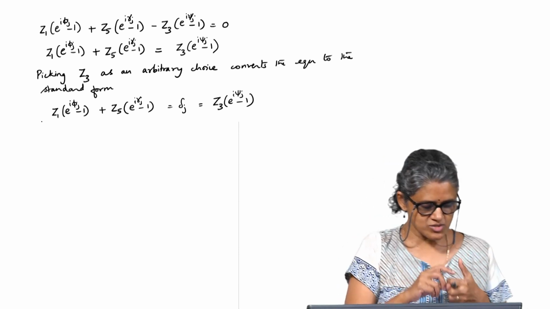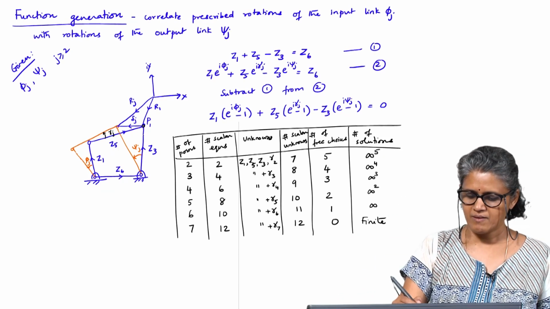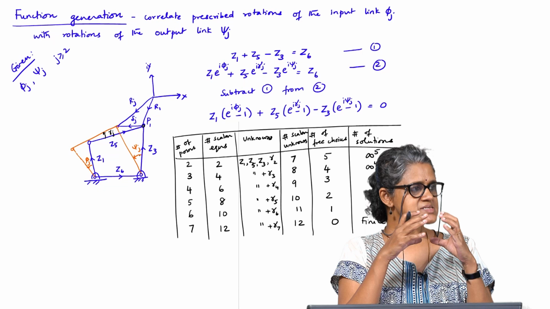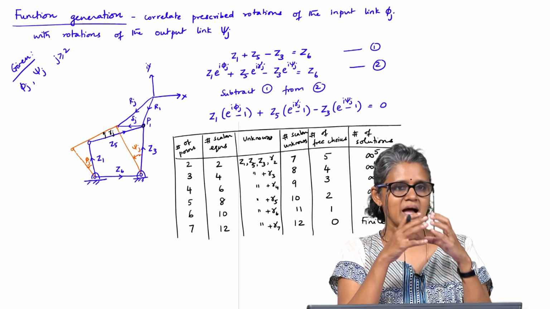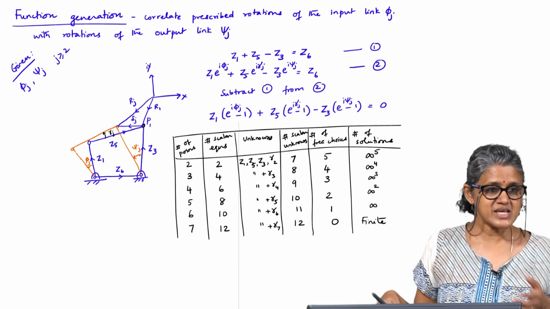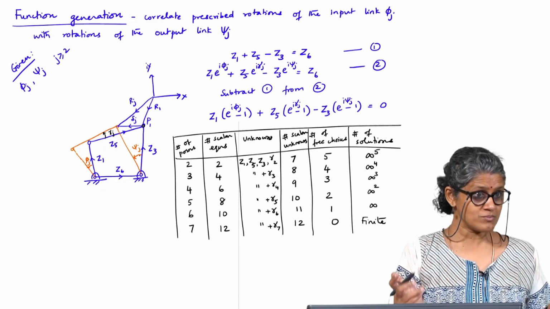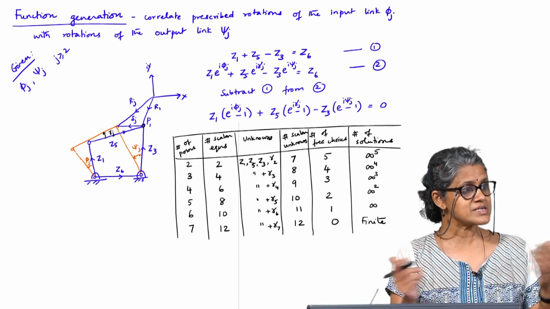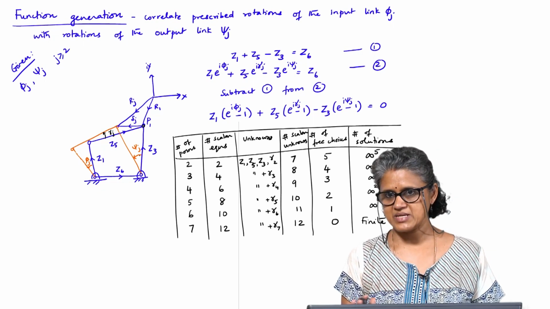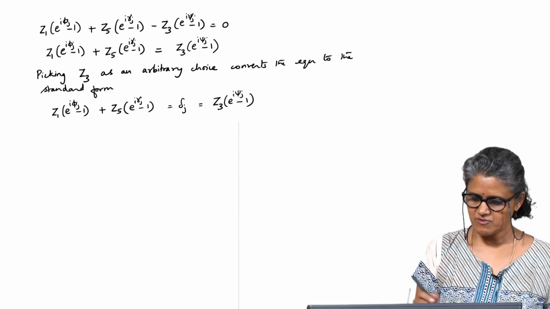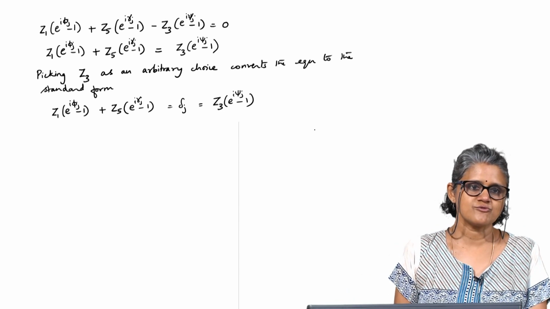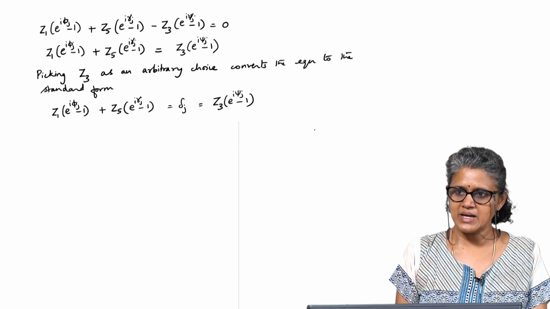When I specify that, I am essentially specifying the scale of the linkage and its orientation. I can always change that, and it is not going to give me a new mechanism. It will be new in terms of the dimensions, but the input output relationship will not change. So, that is what we are doing here when we pick z3 and then convert this to the standard form of the dyad equation.